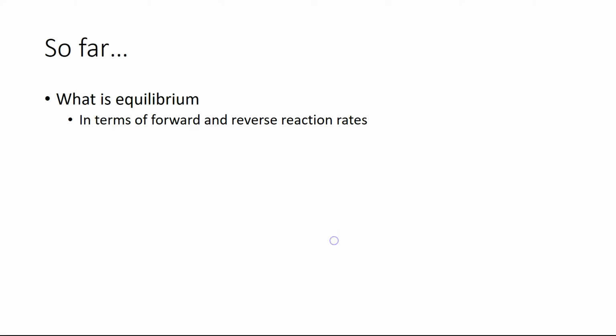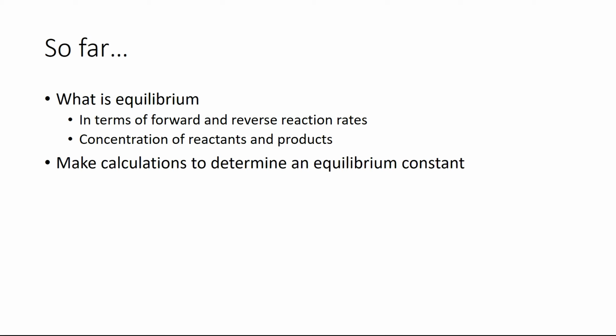All right, so far in this unit, we talked about what equilibrium means in terms of forward and reverse reaction rates and in terms of concentration of reactants and products. And of course, you're remembering that equilibrium does not necessarily mean equal concentration. You've also learned to make some calculations to determine an equilibrium constant.